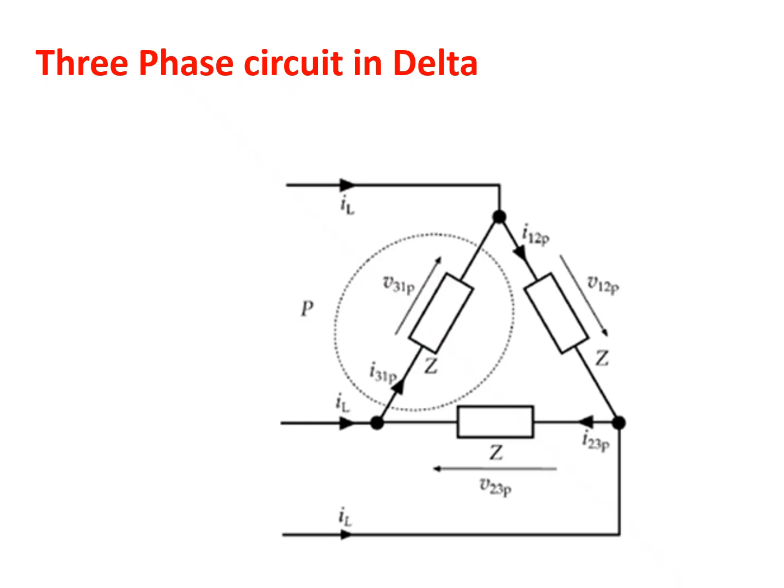The voltage is distributed here. The line voltage in between these two, the voltage here will be the line voltage divided by root 3. So this is how it works.